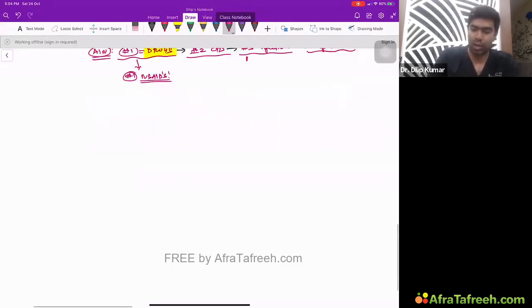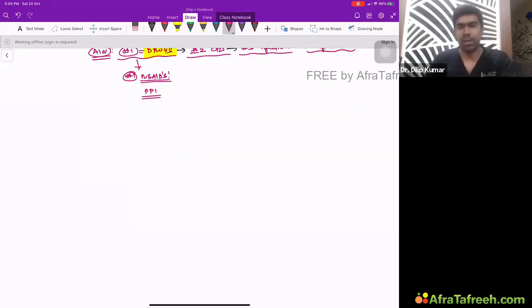But if you take the Western world, maybe the UK or US, the number one cause they would have given is proton pump inhibitors. PPIs have been said to cause a lot of AIN, but in India it's not that common. In the Western world, this is really important.